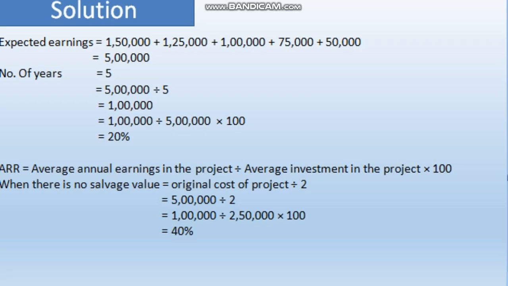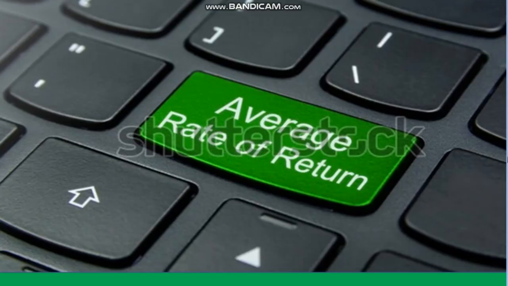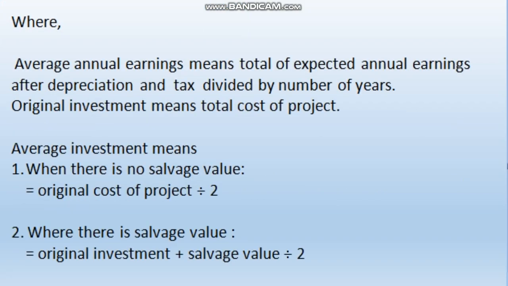that is 40%. So in this video we studied about ARR, average rate of return. It is calculated using two approaches and two formulas: average annual earnings from project divided by original investment into 100, and also average annual earnings in the project divided by average investment in the project into 100.